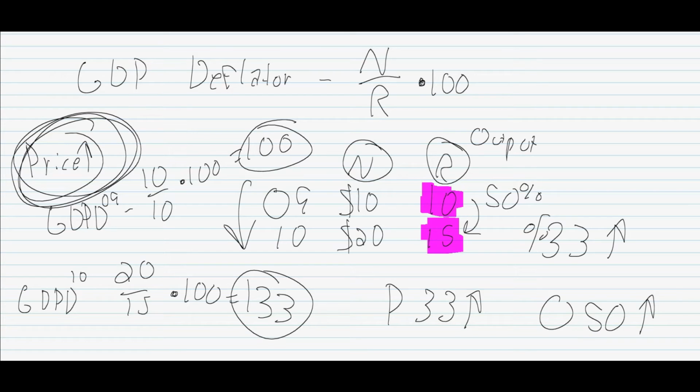So just by that, you see what was more responsible for the change in GDP. Prices were responsible for what looks like 33% of the change, while output was 50% of the change. So obviously, we produced more while the change in price, the inflation, was less.